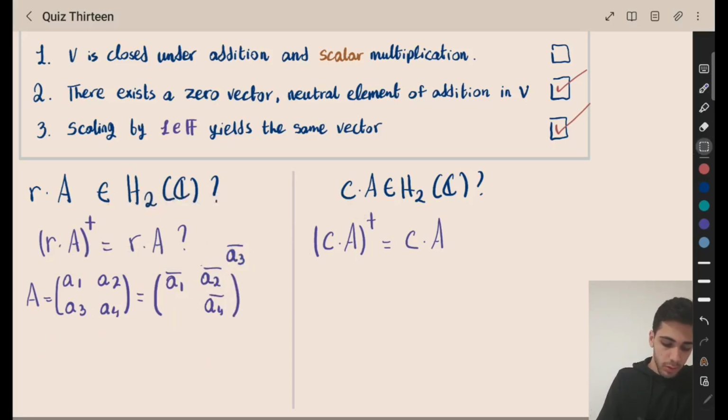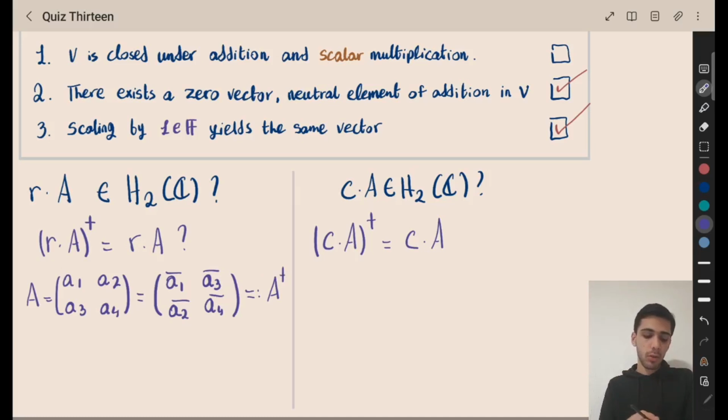So I put this a3 here, put this a2 here. This is by definition my A dagger. So I transpose and I take all complex conjugates. Would anything happen if I scaled this by r?